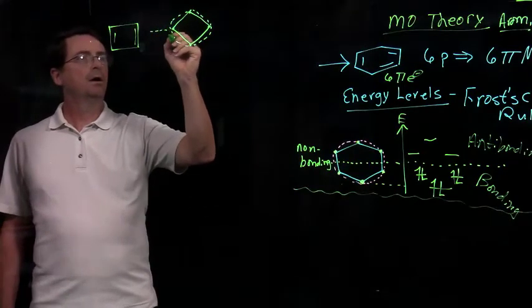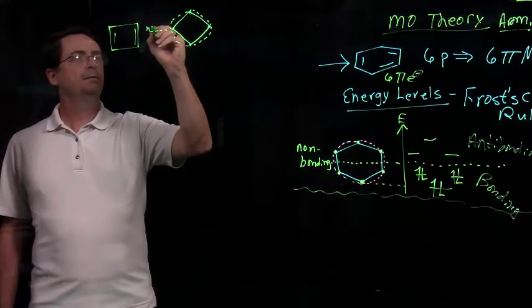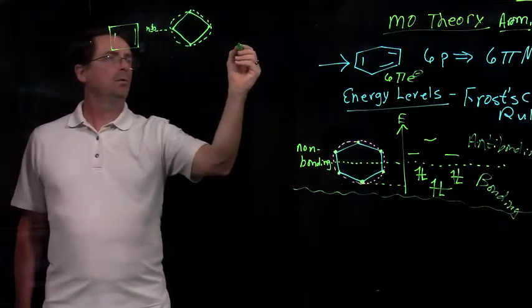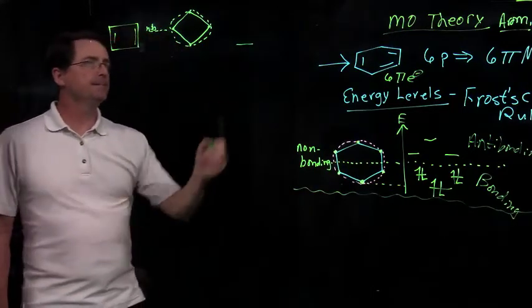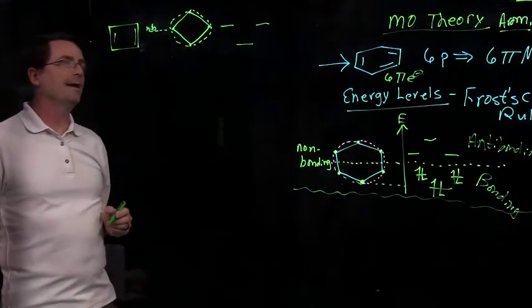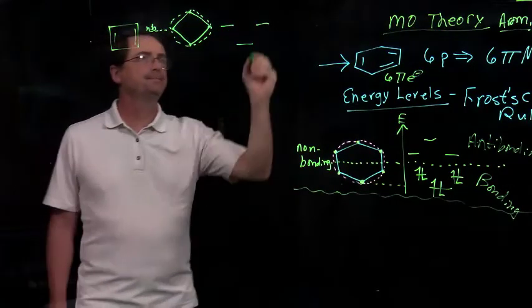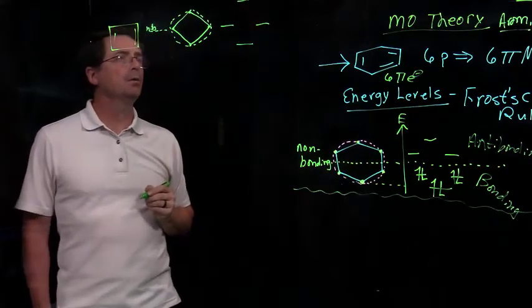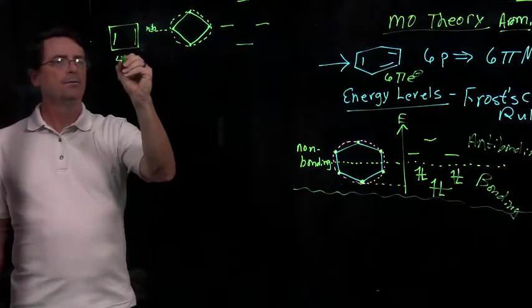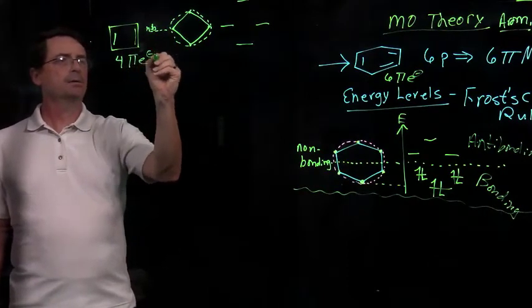If I imagine circumscribing that with a circle, of course, these two at the center here are at the non-bonding level. We'll have one orbital of lowest energy. We'll have a pair of degenerate orbitals that are at the non-bonding level and one anti-bonding orbital. Now, cyclobutadiene has 4 pi electrons.